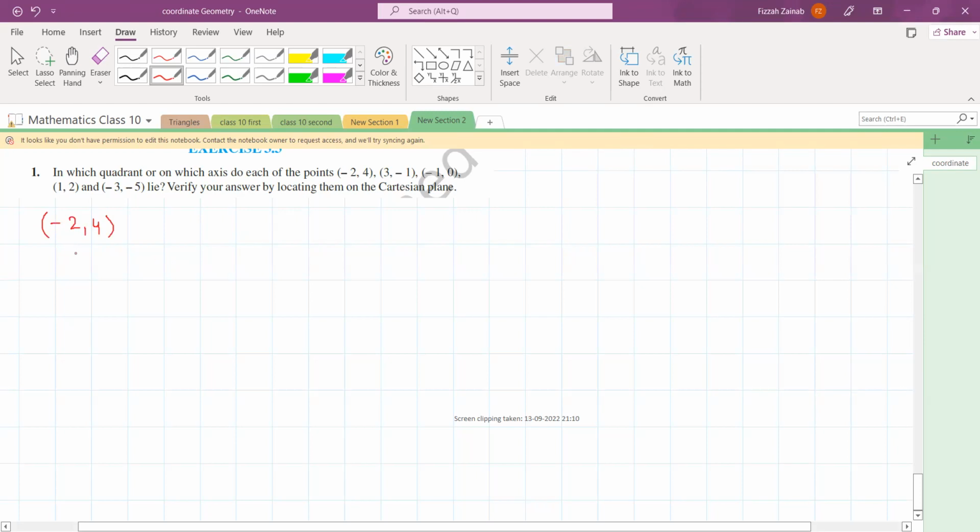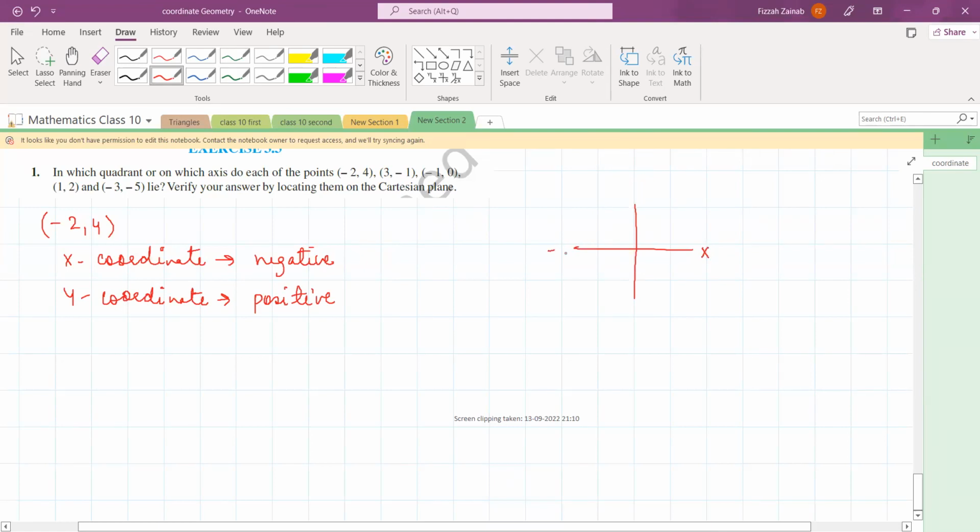So you can do it like this. The x coordinate is what? Is negative here, right? And the y coordinate is what? Is positive. So in which quadrant should it fall? Now please in your mind, without plotting, you know this is positive x-axis, this is negative x-axis.